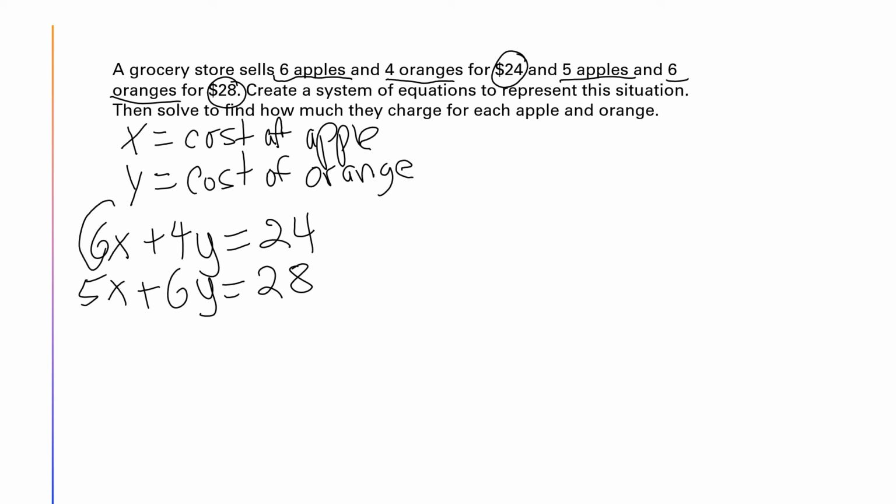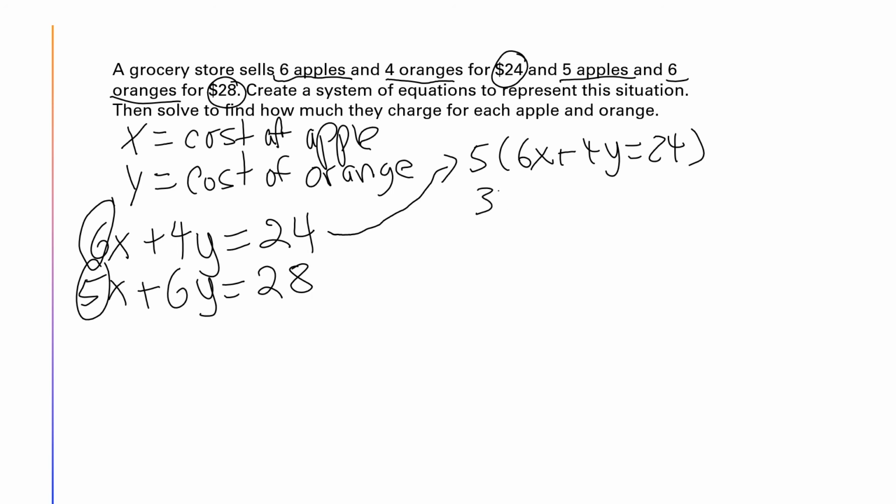So notice that 6x and 5x have a common multiple of 30. So what we need to do to the first equation is multiply by 5 to get 30x. So 5 times 6x plus 4y equals 24, which gives us 30x plus 20y equals 120.